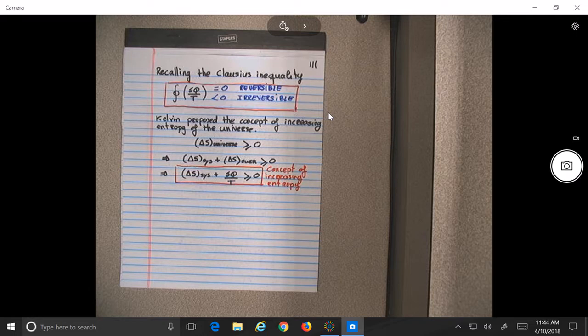So the other day we said, what is the entropy? What is a physical explanation of the entropy? So how much energy we are losing or wasting, no? So the more the entropy increases, the more energy we have wasted.